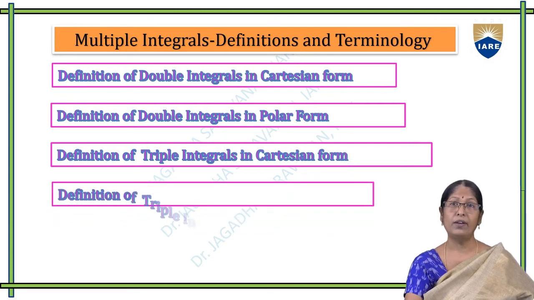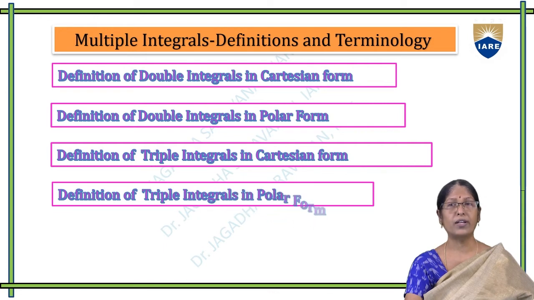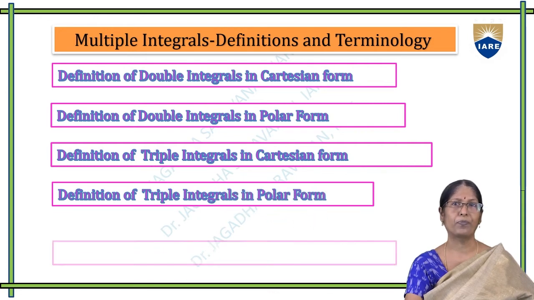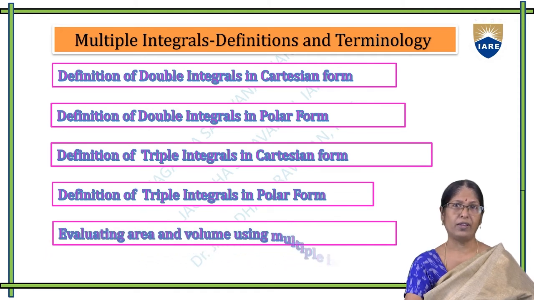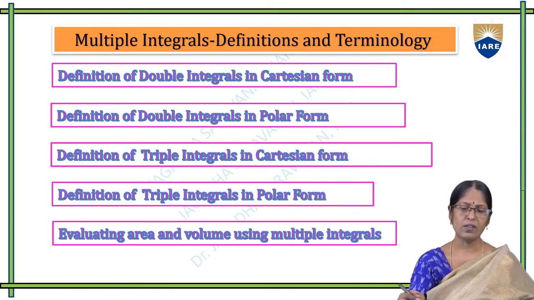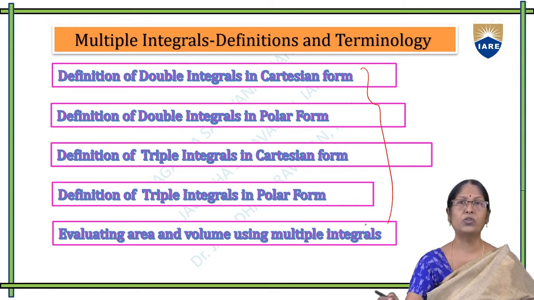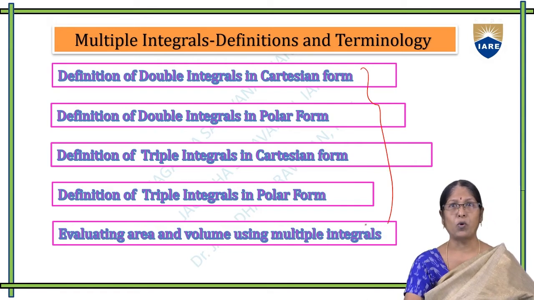Next one, definition of triple integrals in polar form. Finally, evaluating area and volume using multiple integrals. So, related to these topics, how they are defined, what the terminology is in this field, everything we are going to discuss.